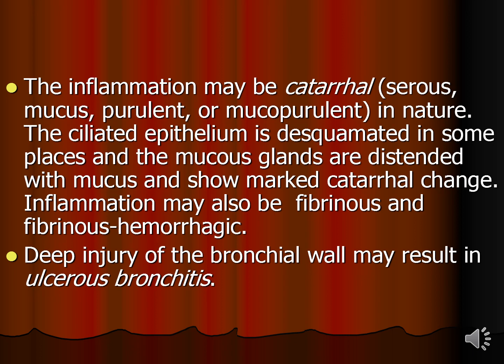We see catarrhal inflammation, sometimes with variants like serous, mucous, purulent, or mucopurulent. The ciliated epithelium is desquamated in some places, and the mucous glands are distended with mucus and show marked catarrhal change. Inflammation may also be fibrinous and fibrinous hemorrhagic.